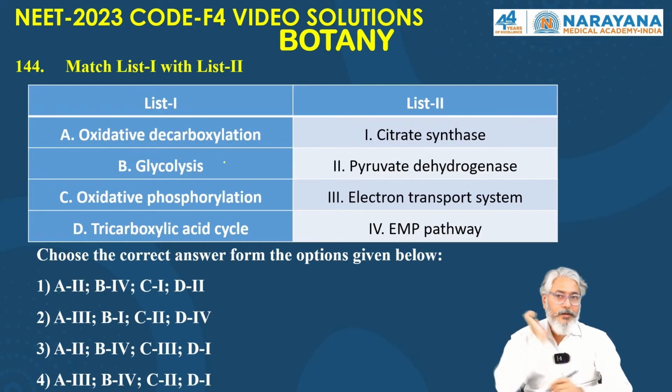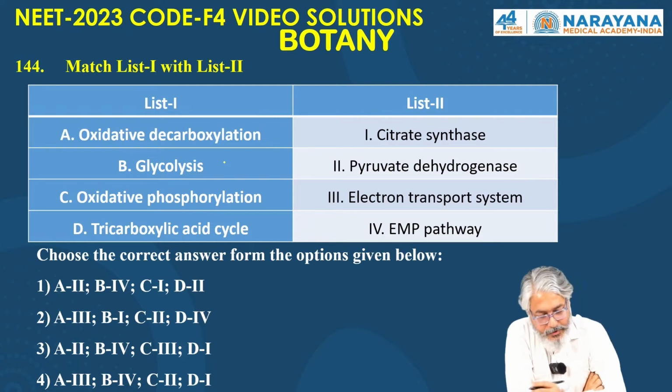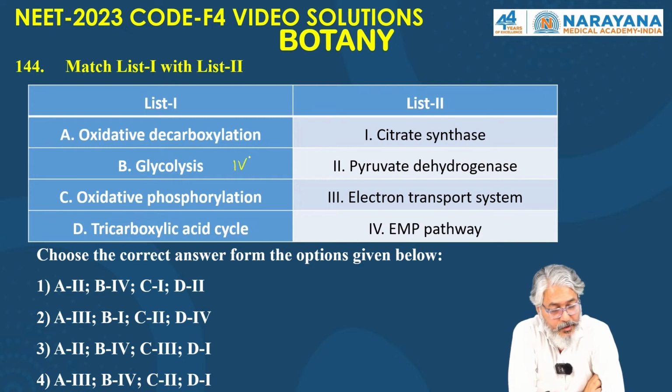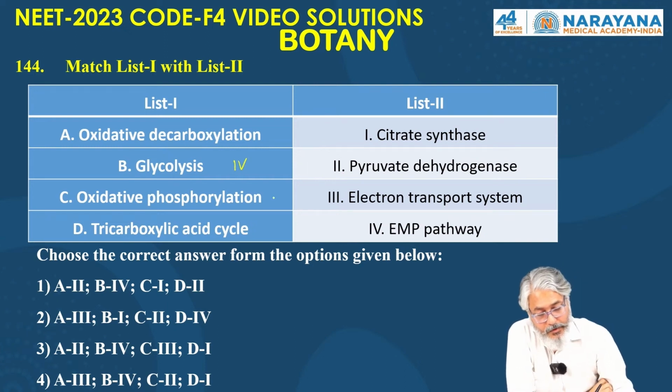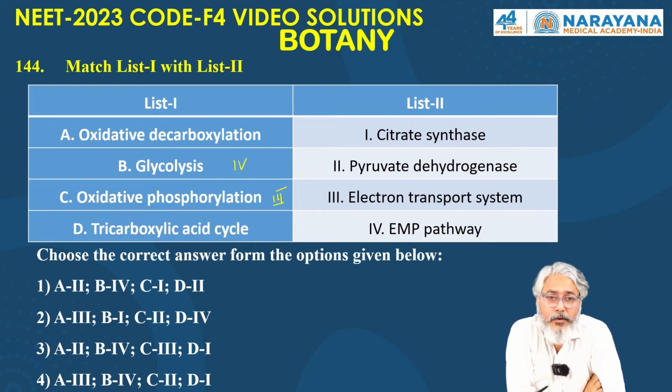Now, glycolysis is also called the EMP pathway. Oxidative phosphorylation is electron transport, and with the help of electron transport in mitochondria, ATP synthesis is known as oxidative phosphorylation. C3, glycolysis is also called the EMP pathway, 4 and 3.